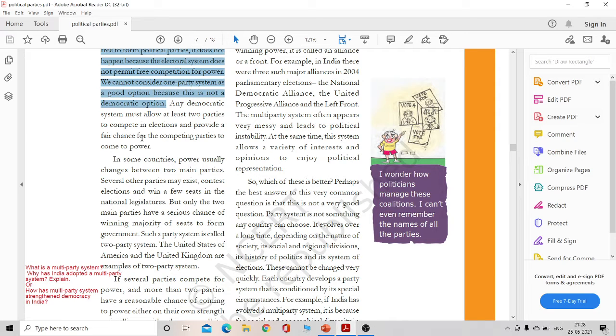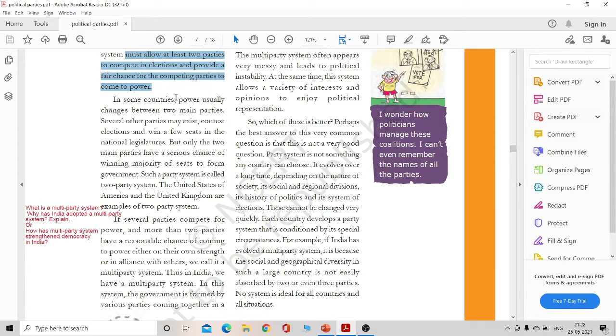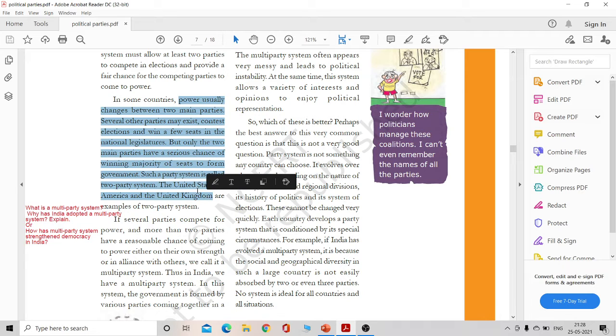However, many other countries may not agree with this kind of system. There are many democratic countries that have at least 2 parties to compete in elections and provide a fair chance for the competing parties to come to power. So what are the countries that have a 2 party system? That exists in the United States of America and the United Kingdom.